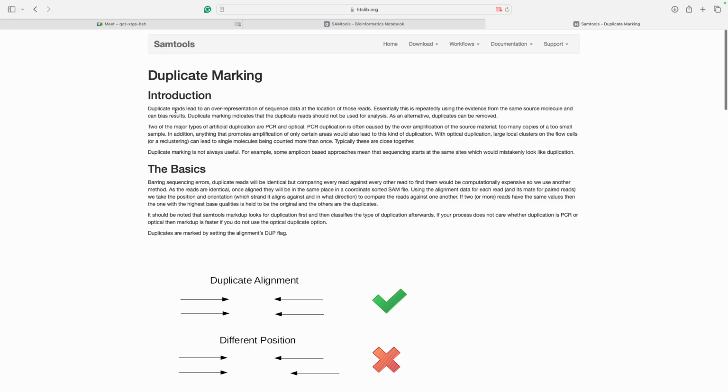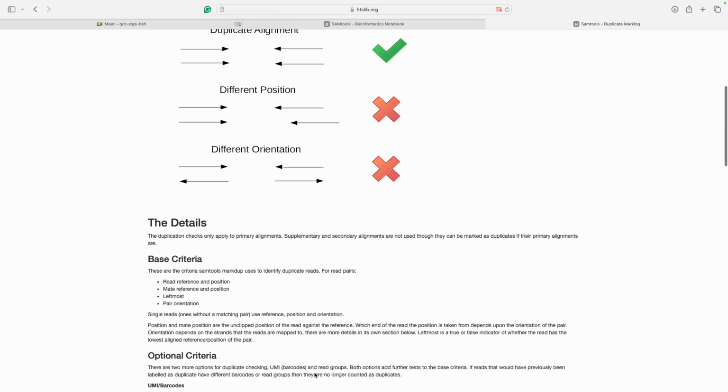So, what are duplicates? Duplicate reads, as we know, are an over-representation of sequencing data at the location of those reads. So the reads are getting duplicated, with multiple copies of the same read appearing in our data file.